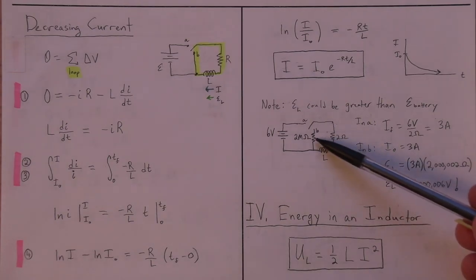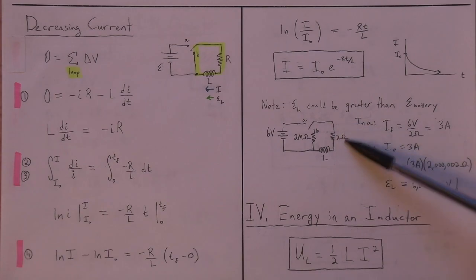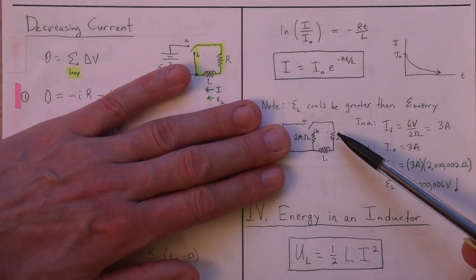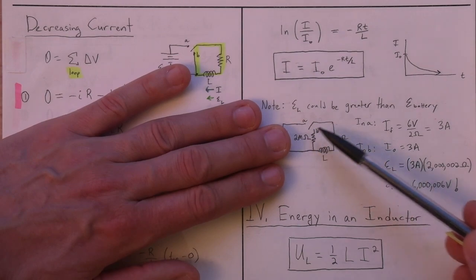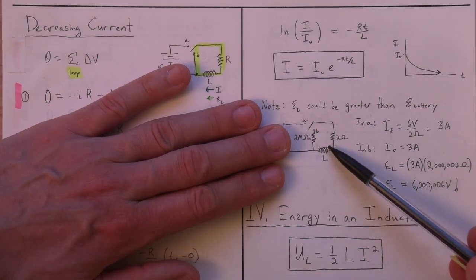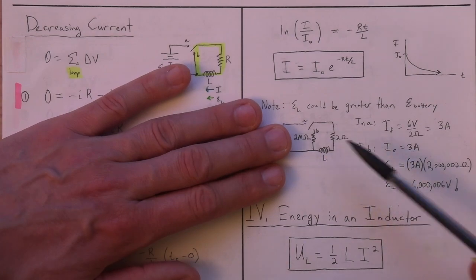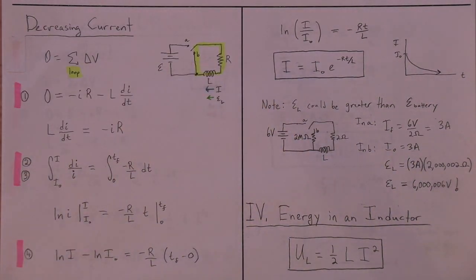All right, well, if this is driving the current without the battery there, for a moment it's going to be heating these resistors. That means the inductor was giving these energy, which means there's energy in the inductor by the law of conservation of energy. The magnitude of the energy in an inductor is given by this formula, 1/2 inductance current squared.